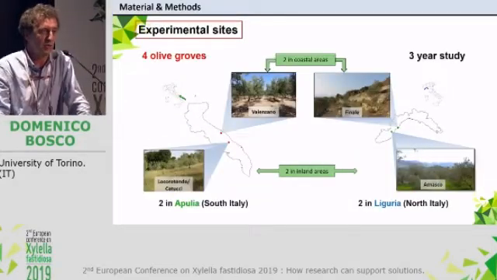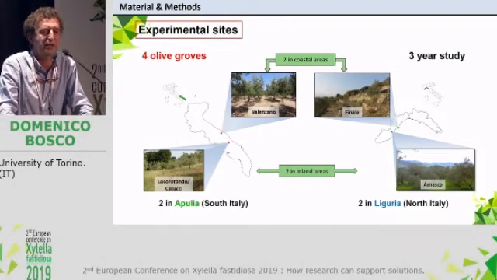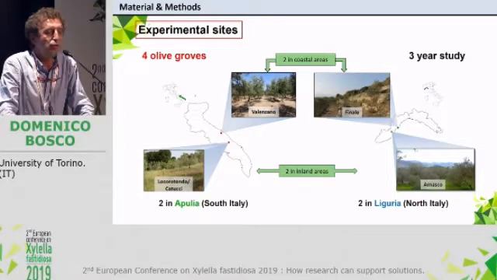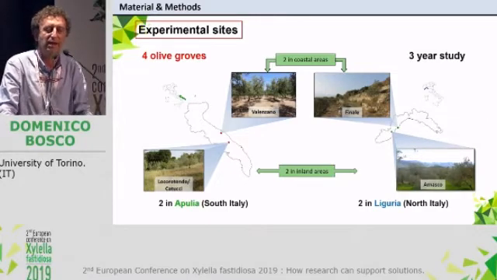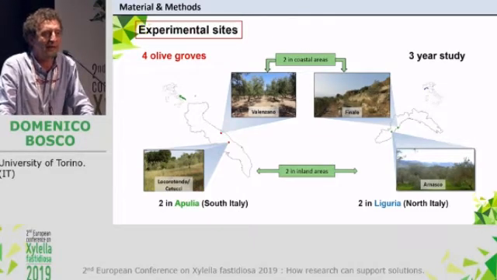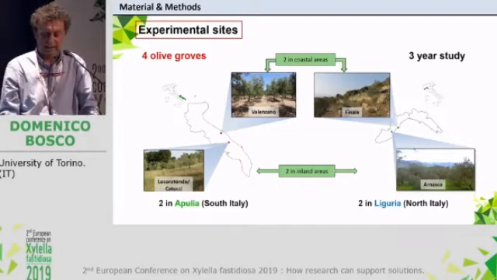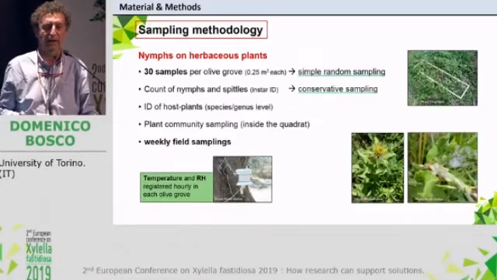For this, we chose 4 different experimental sites, olive grove agroecosystems situated in 2 distantly located regions of Italy: the Apulia region, that we all know for Xylella, and Liguria, which is close to the PACA region of France in northern Italy. In each of the 2 regions, we selected 1 olive grove inland and 1 in the coastal area.